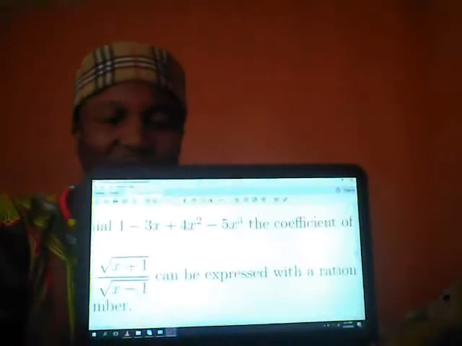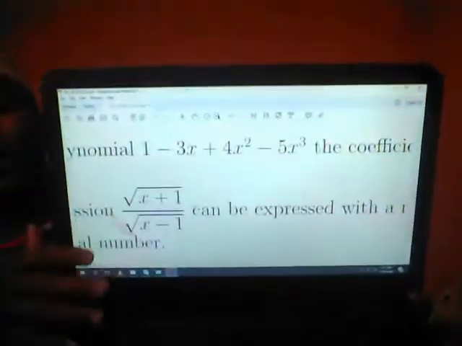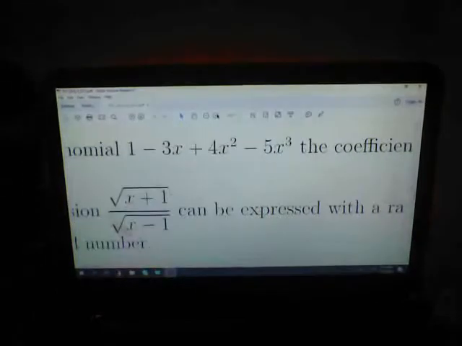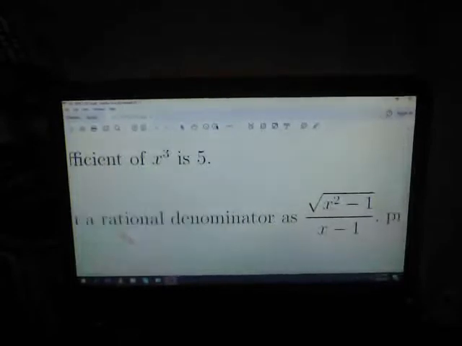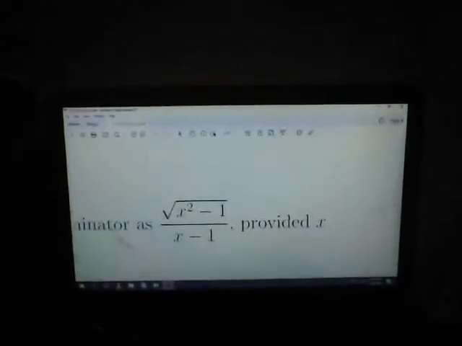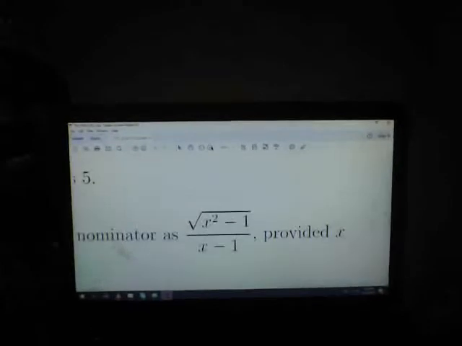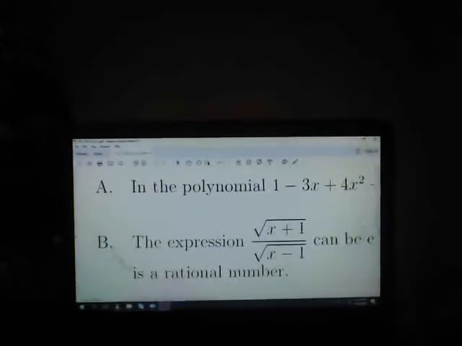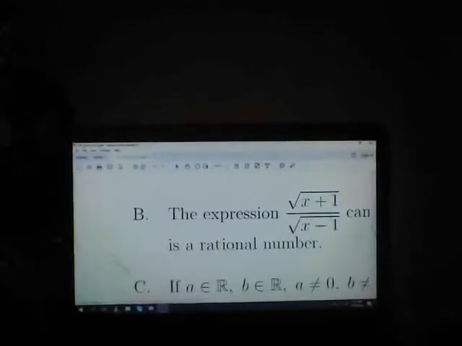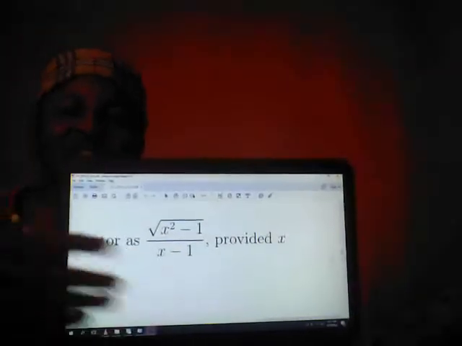The given expression can be expressed, they say, with the rational denominator, provided that x is a rational number.